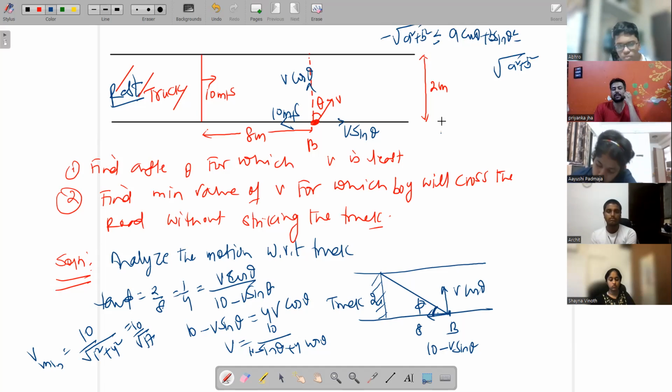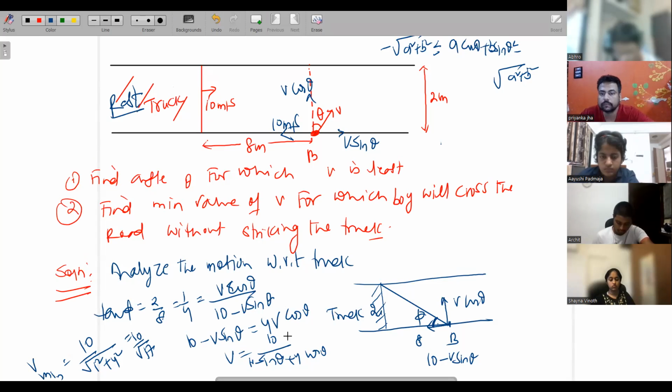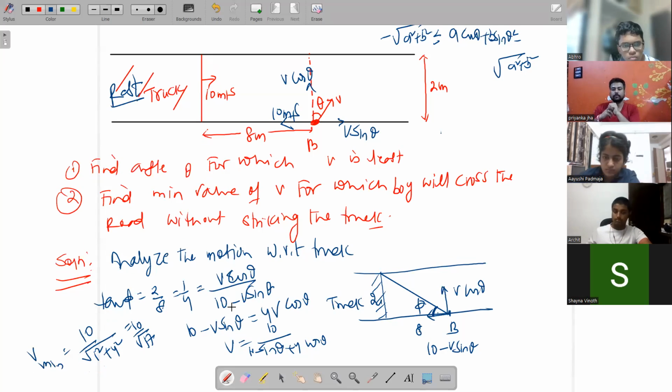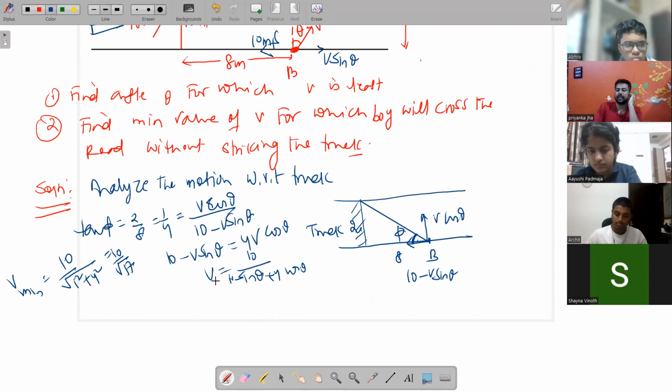And if you have to find the angle theta, just differentiate this and you will get the answer. So V equals 10 upon (sin theta plus 4 cos theta). For V to be minimum, this has to be maximum, right?